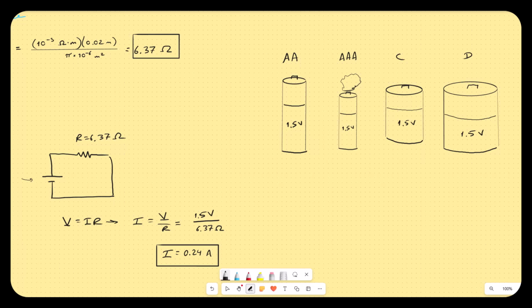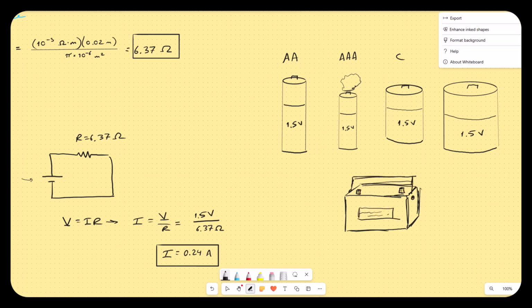Here's the one that's really interesting. A car battery looks something like this. And then you hook up your cords, your jumper cables here and here.